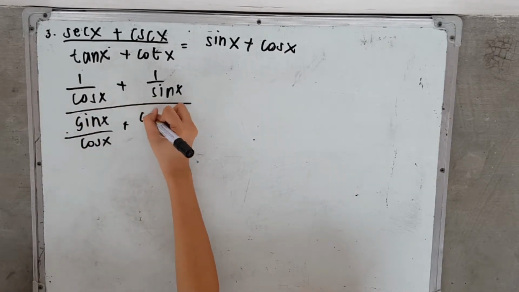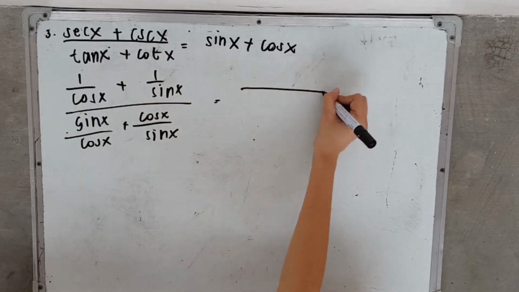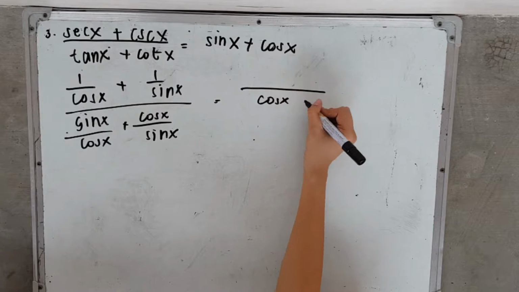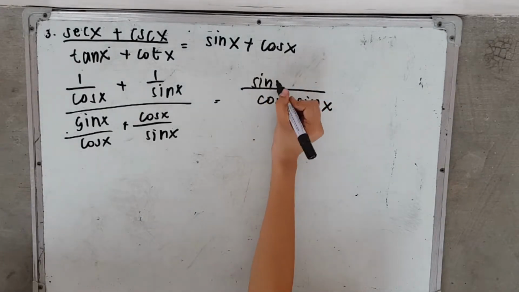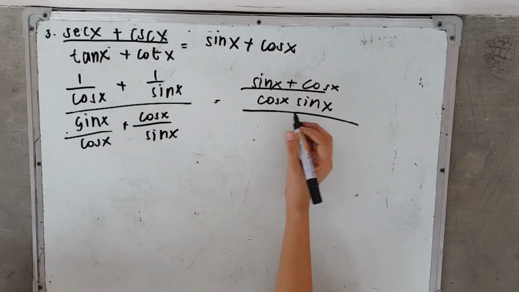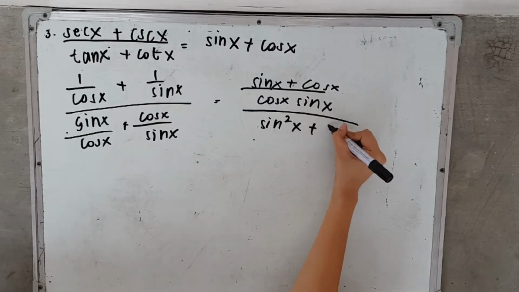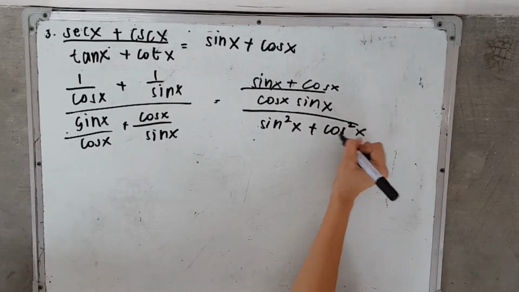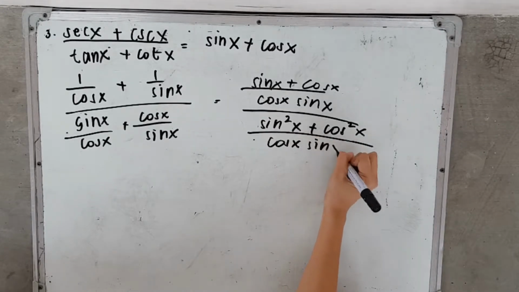Tangent x is sin x over cosine x and cotangent x is cosine x over sin x.